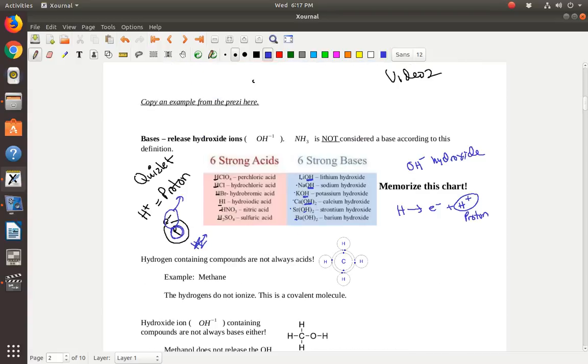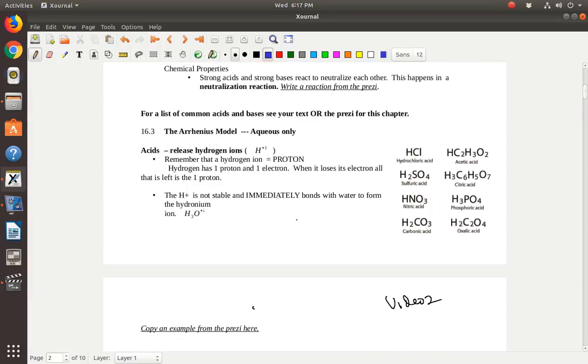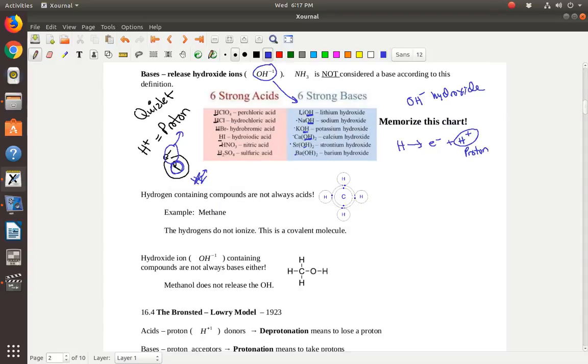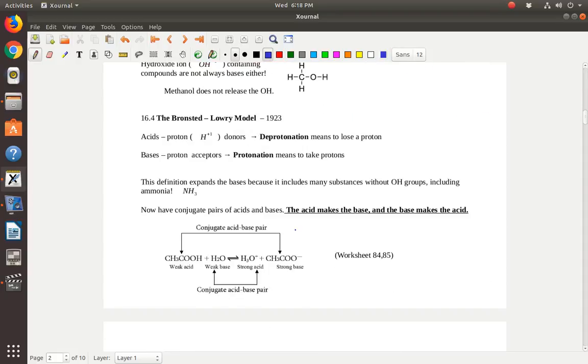Remember, we went through different definitions. We had the Arrhenius model that was aqueous only, in water, and the acid releases hydrogen ions, H pluses. And then you have the base, which releases OH hydroxide ions, and so that's why we have all these hydroxides over here. Then we had the Bronsted-Lowry model.